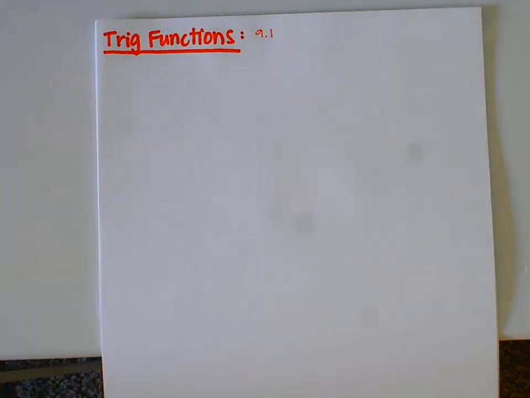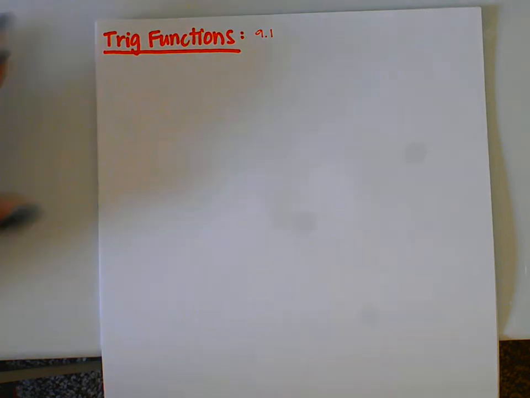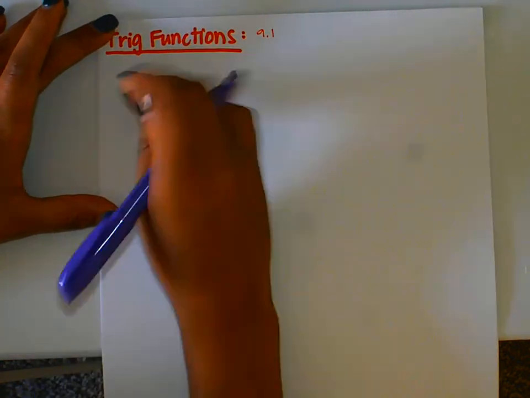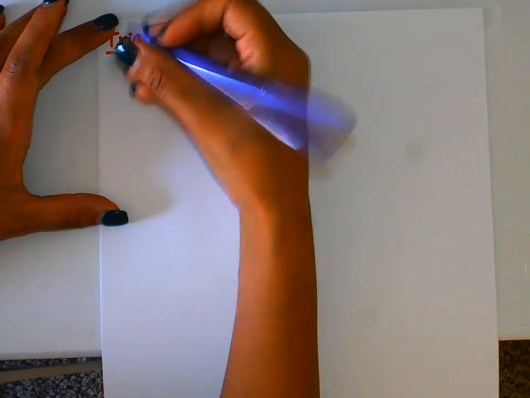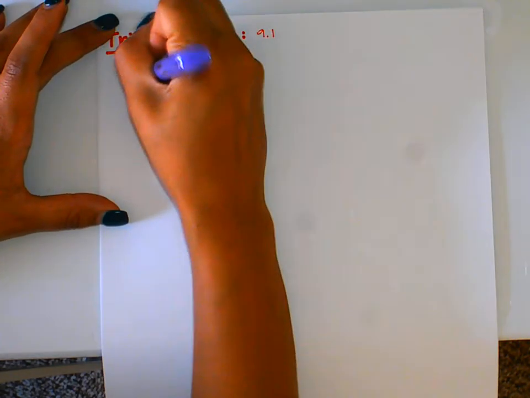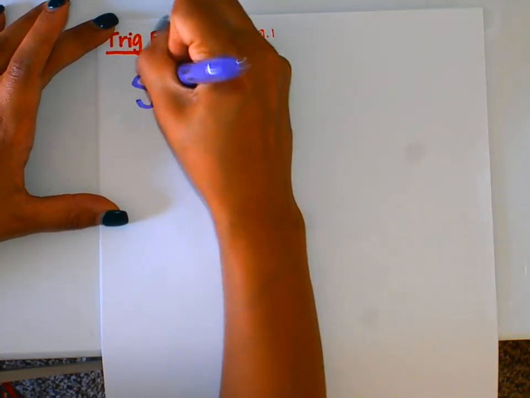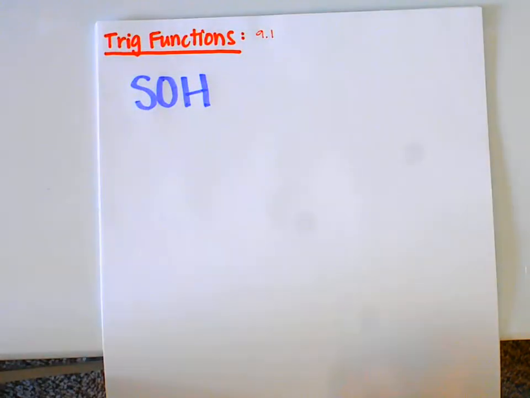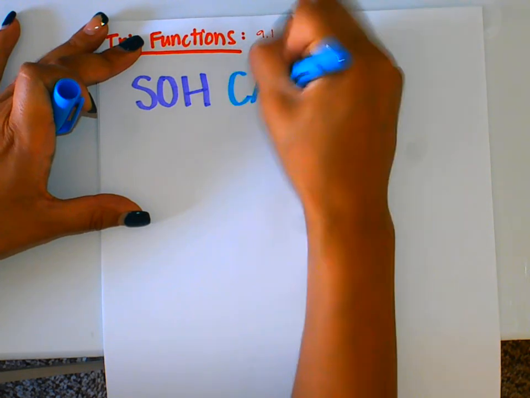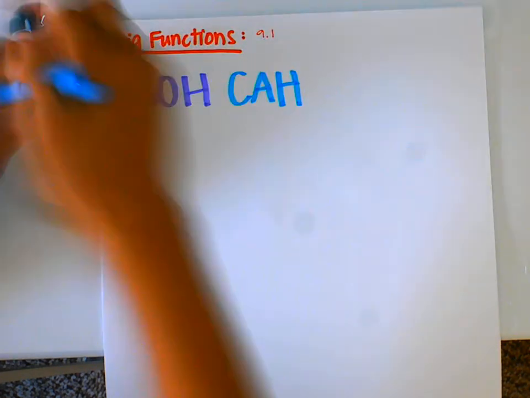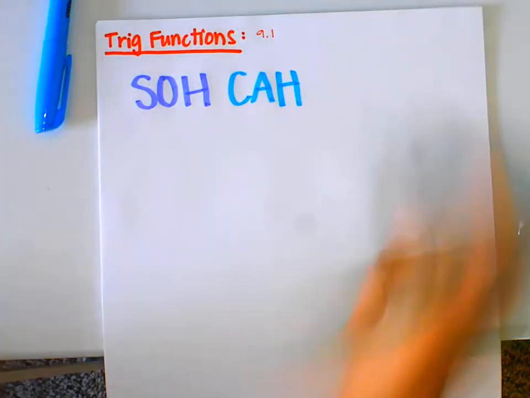So what made this so much easier for me when I learned it was instead of thinking of this as sine, cosine, tangent, I used a word for it, and I didn't make it up. Someone gave it to me. It is called SOHCAHTOA.